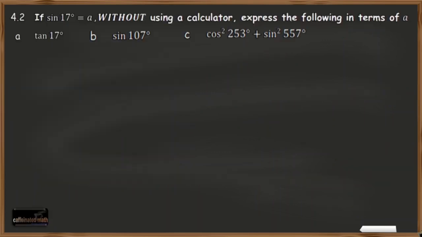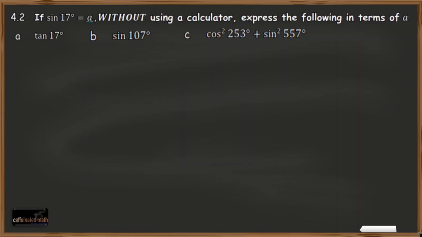Now, if sine of 17 is equal to the value a, without using a calculator, express the following in terms of a. So first things first, let's get a little sketch going so we see what we're dealing with.